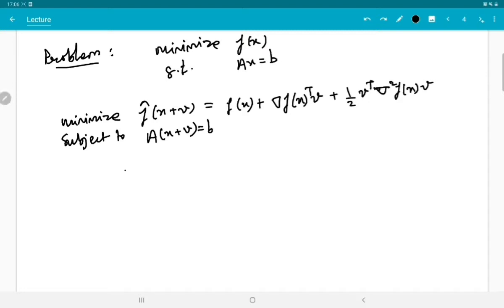So v star, that is this optimal value. What I want to say is delta x nt in the constrained case is defined as v star of this problem, right?